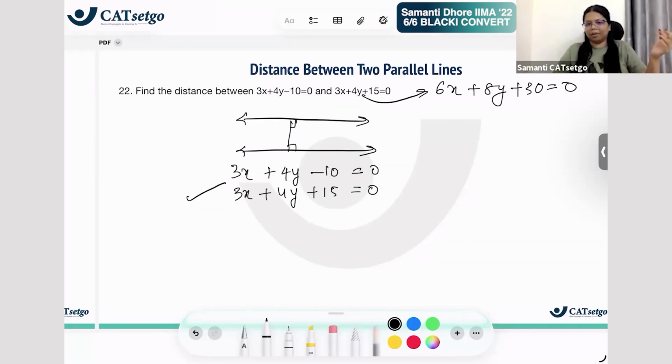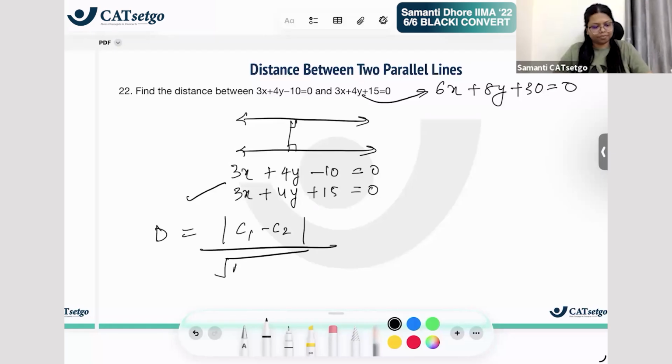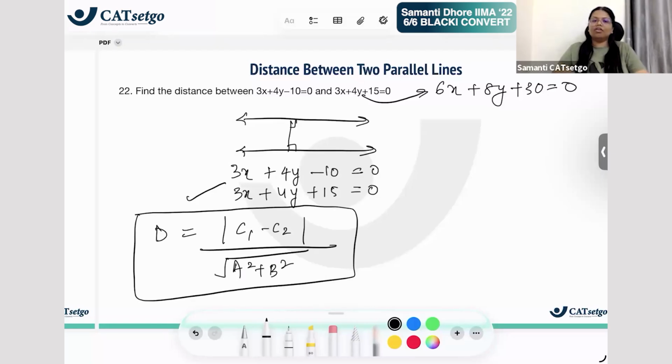And then we can apply this formula. So this formula goes as this: the distance between any two parallel lines is given as difference between C1 minus C2. Whatever the difference between these two divided by. Denominator is same. Right? So you first make the coefficients equal. And then C will of course be different. So this is where the formula will come.